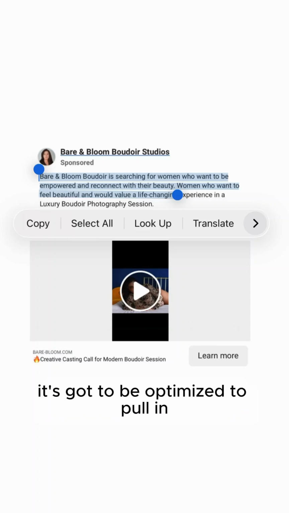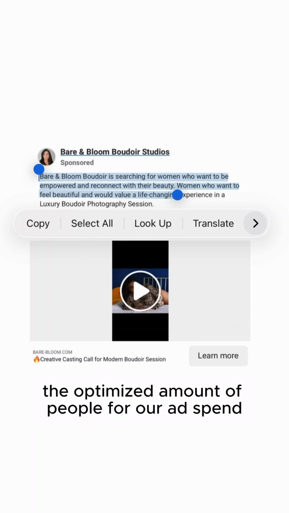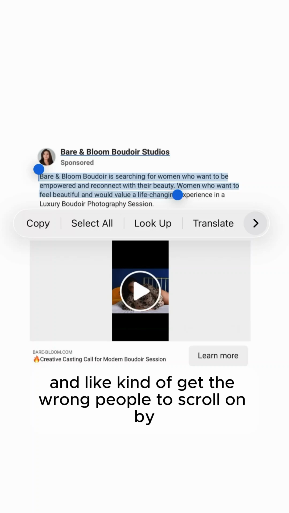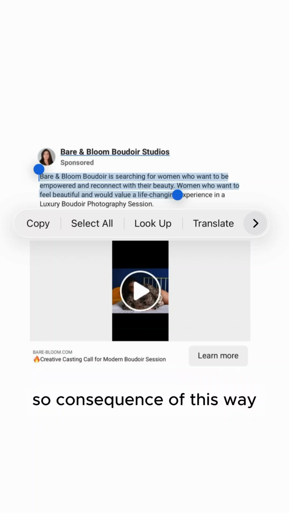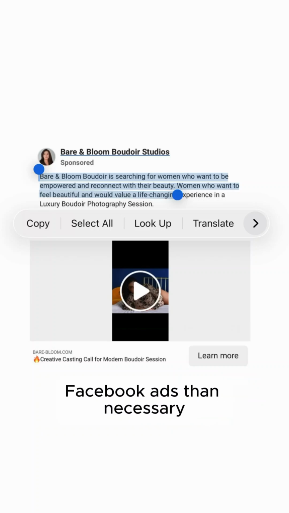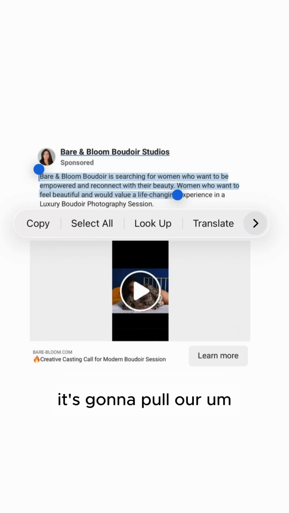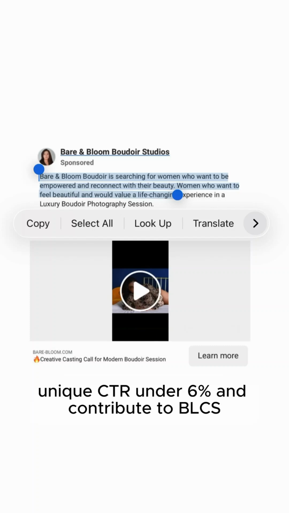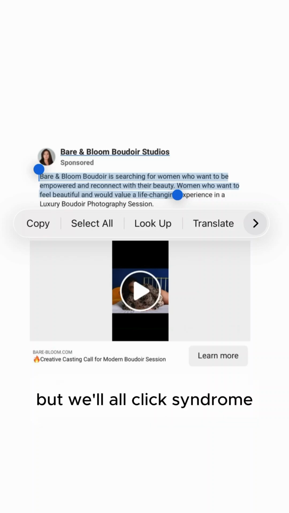It's got to be optimized to pull in the optimized amount of people for our ad spend and kind of get the wrong people to scroll on by. So the consequence of this is way more people are going to be scrolling by our Boudoir Facebook ads than necessary. It's going to pull our unique CTR under 6% and contribute to BLCS, Boudoir low click syndrome.